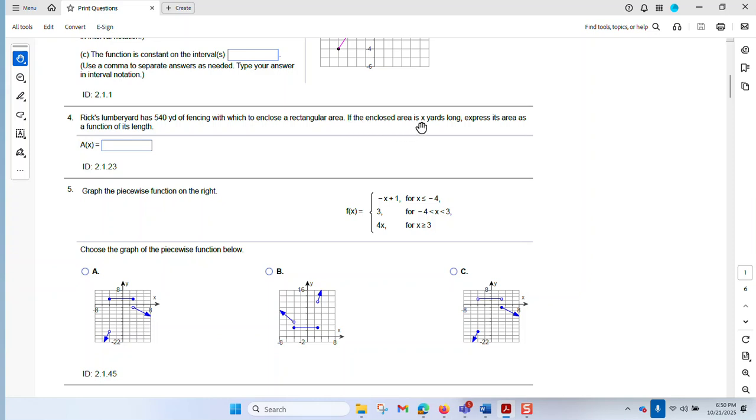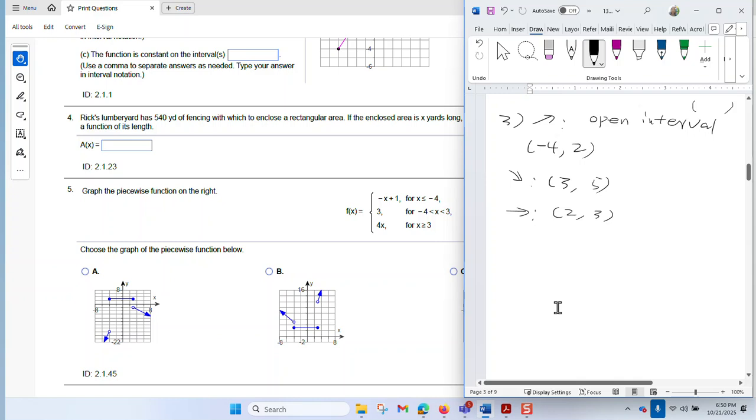If the enclosed area is x yards long, express its area as a function of its length. All right, so yes, in math we do have applications. So first you have to understand 2 formulas for this one. When it's a rectangle, that means length and width. This one is perpendicular. All right, it's a rectangle in here.